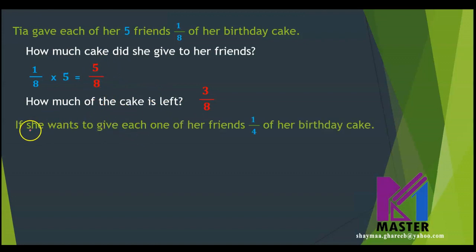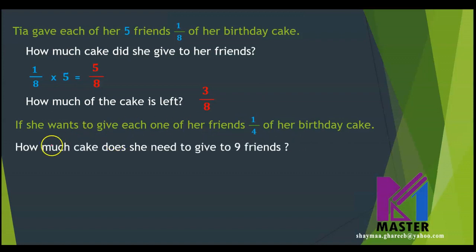Look at the second question. If she wants to give each one of her friends 1/4 of her birthday cake, this time she wants to give 1/4. And how many friends? How much cake does she need to give to 9 friends? And this time she has 9 friends. So we are going to multiply the 1/4 by 9.